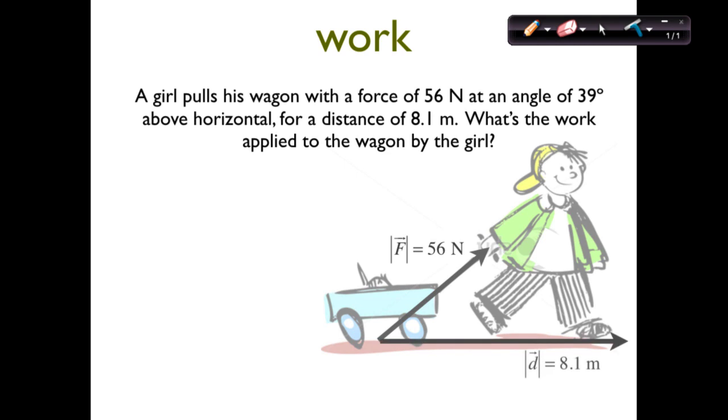So here are the two vectors in that situation. Now the 56 and the 8.1 are just the magnitudes, right? Those aren't the vectors. The vector also has the direction. So I'm going to label the 56 and the 8.1 with magnitude bars.